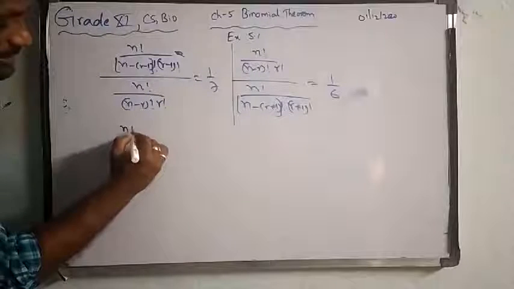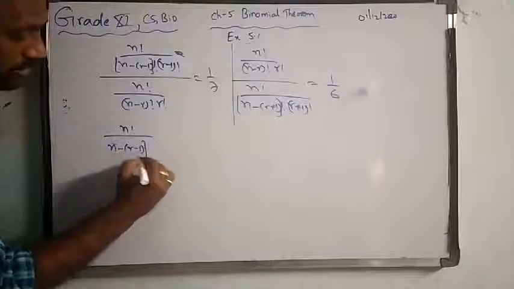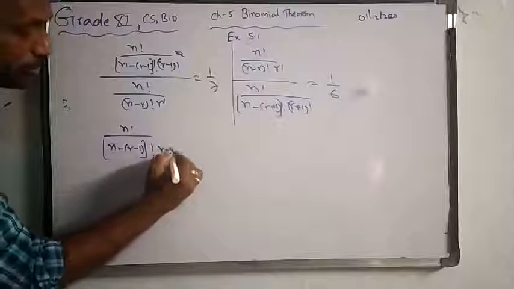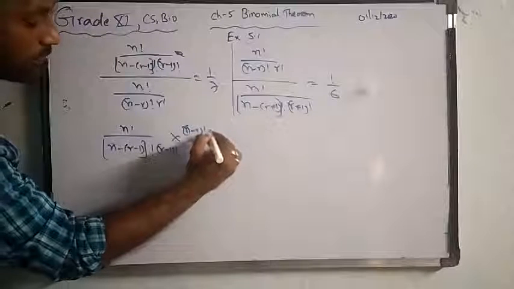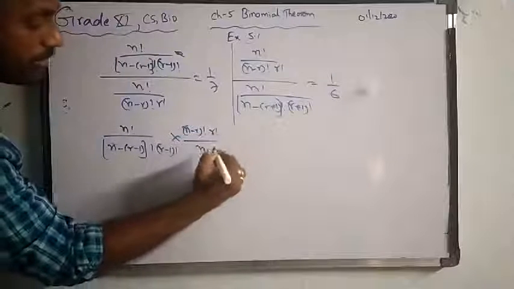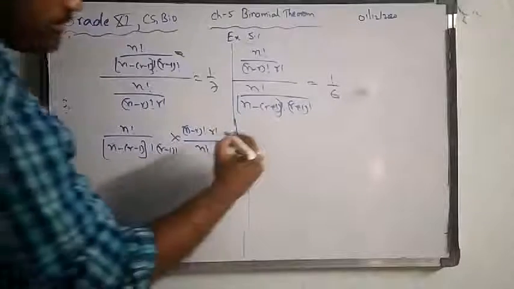So it can be written as n factorial by (n minus r minus 1) factorial into (r minus 1) factorial into (n minus r) factorial into r factorial by n factorial is equal to 1/7.